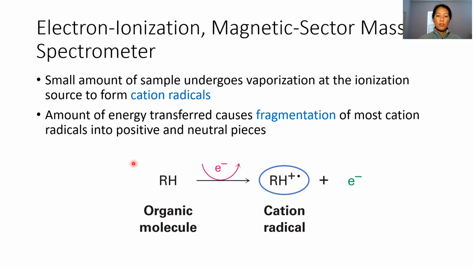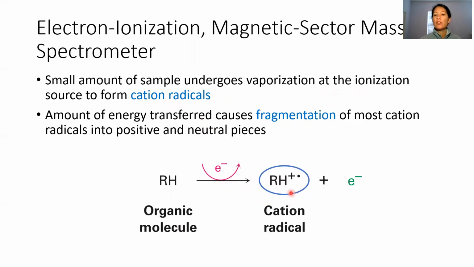So first of all, you have your organic molecule. We're just going to say a generic RH. A small amount of that sample will then be injected into your mass spec, and it'll undergo vaporization and ionization to form what's called a cation radical. So we're going to basically bombard it with electrons, and what comes out of this is a cation radical.